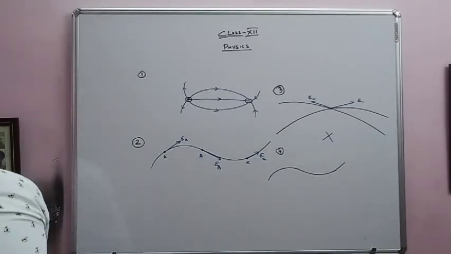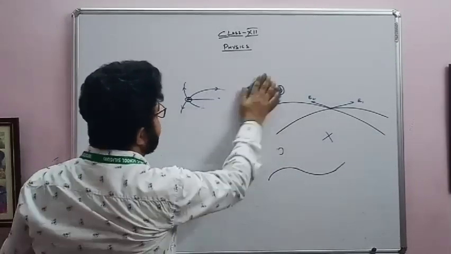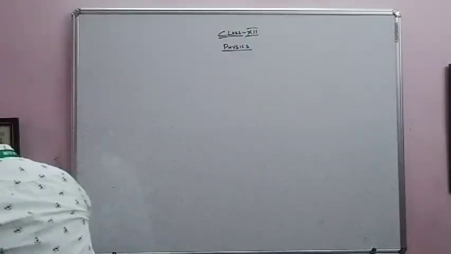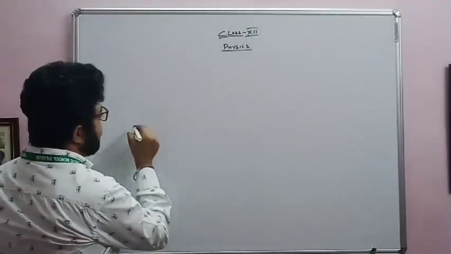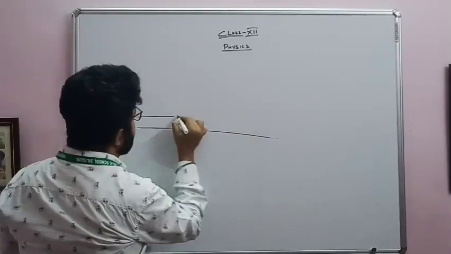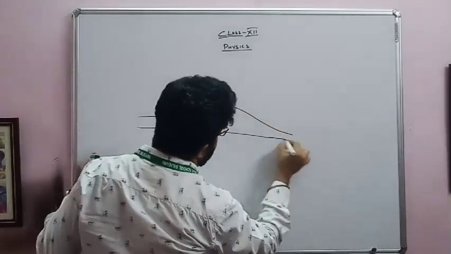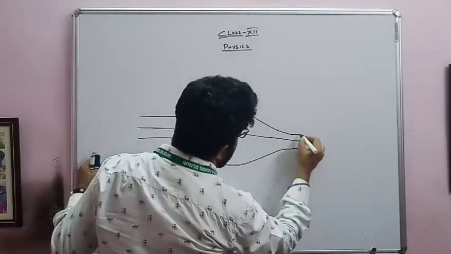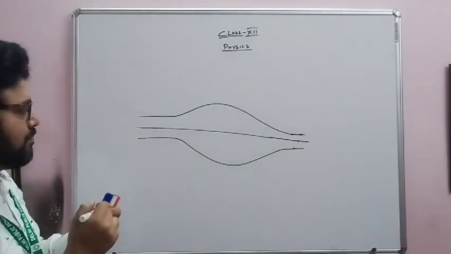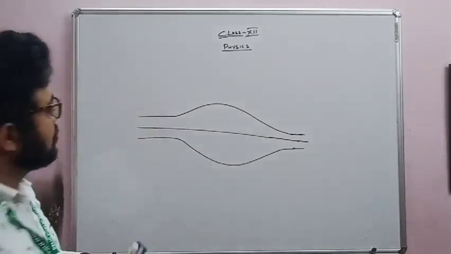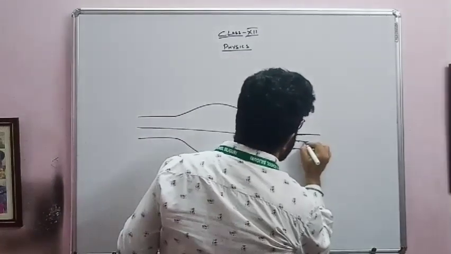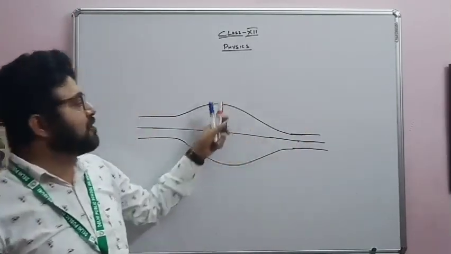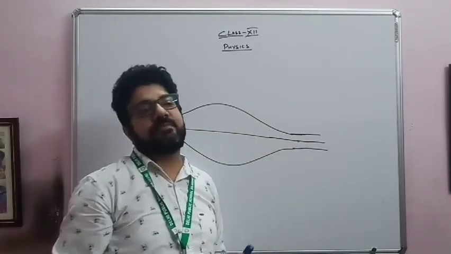Now the fifth property. Suppose this one is your electric lines of force. If you see it properly, in these two positions electric field lines are very close to each other, and in this position the lines are moving away from each other.